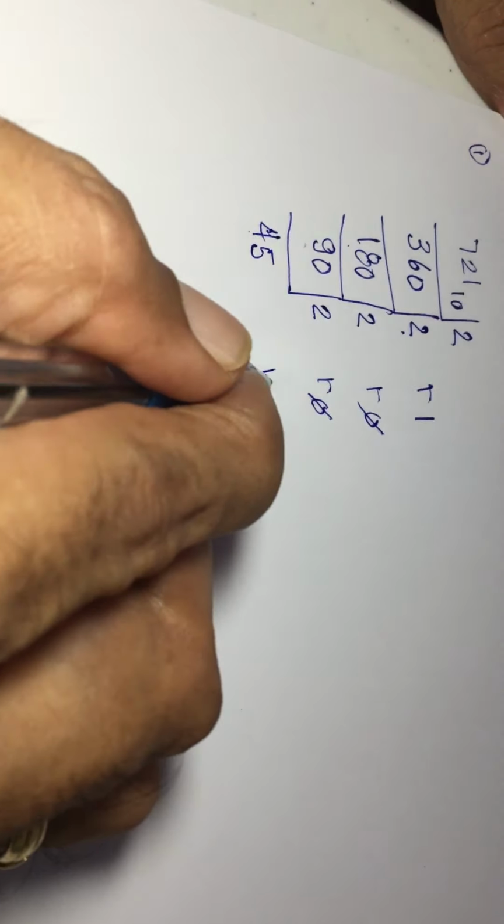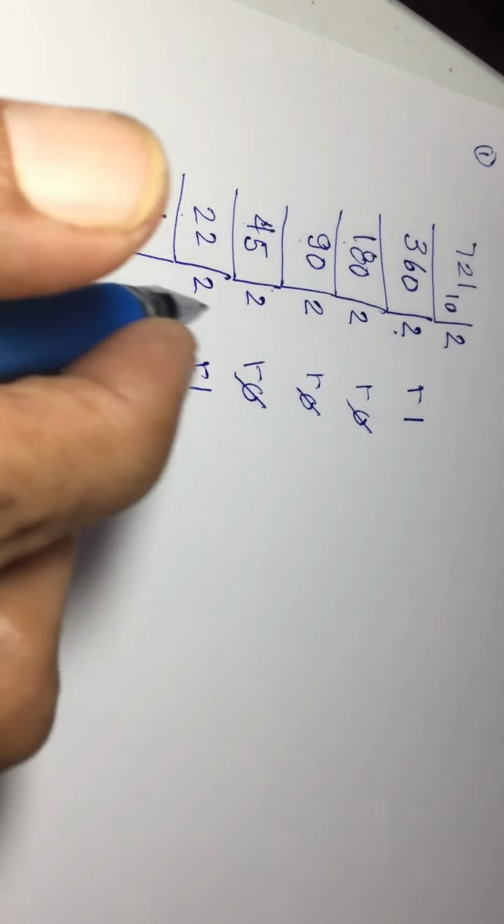Then 2, we have 22. 22 times 2, 44. 44 minus 45, remainder 1. Then 2 ulit. So we have 11. 11 times 2, 22 minus 22, we have remainder 0. Now, we can stop here because 11 is base 10, not base 2. Kaya, tuloy pa rin.